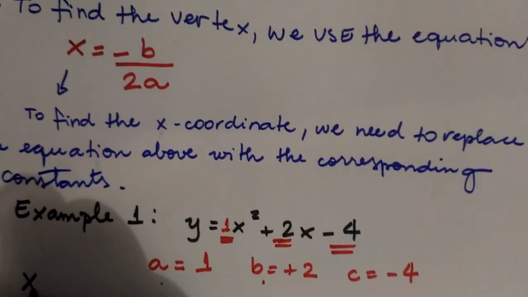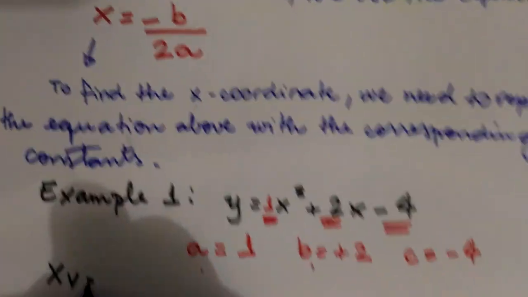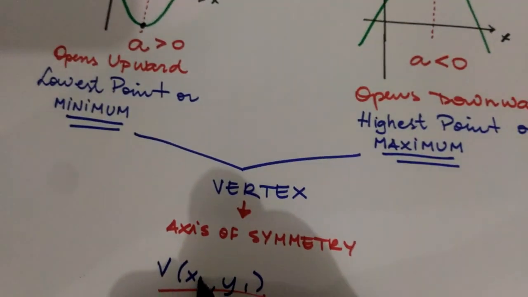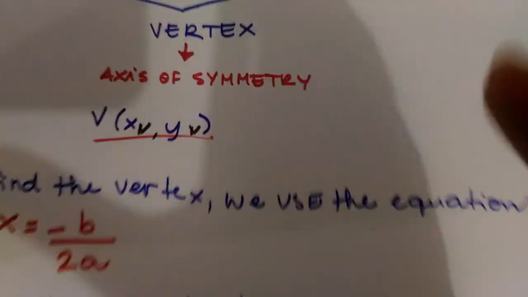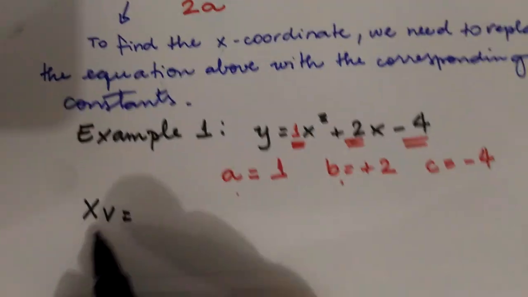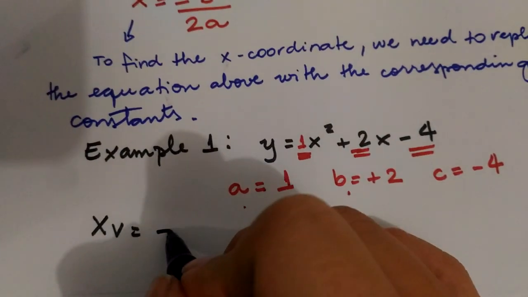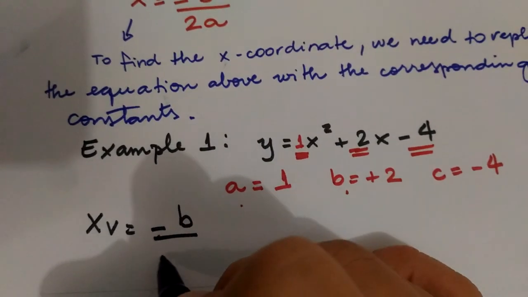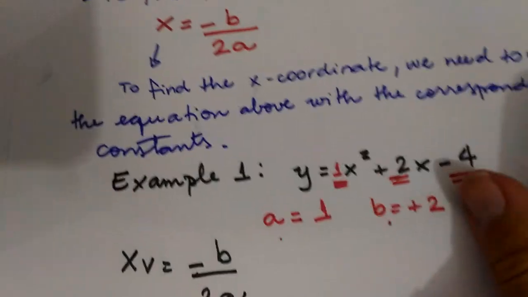So let's do this. We're going to call it xv for x vertex, instead of saying xvyv, so it makes your life easier. The x vertex is going to be negative b over 2a.